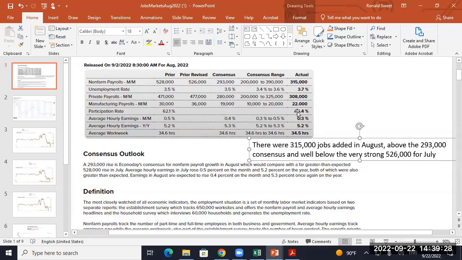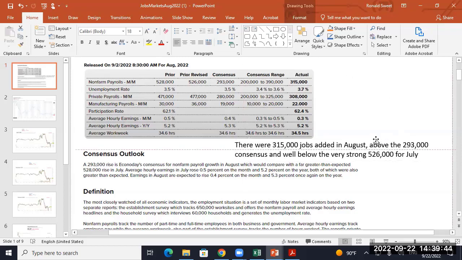But I have students talk about the 62.4 when they're talking about the 315. But the 62.4 is part of the unemployment rate, not part of the jobs. So you got to keep the household survey from the jobs report separate. You got to make sure they're together where they need to be. If you're not sure about that, then think it through, but make it succinct.